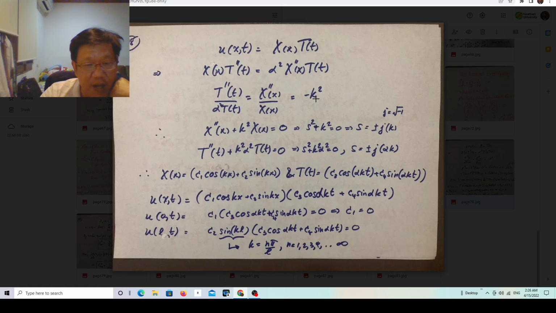Therefore, this has to be a negative value. This results in what we call two ordinary differential equations here. For the heat equation, one of them is a second order ODE and the other one is a first order ODE. But for the wave equation, both equations are second order.